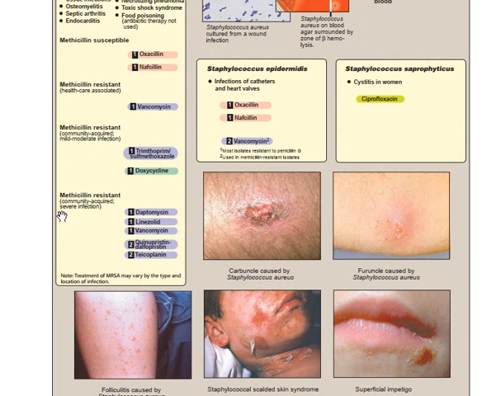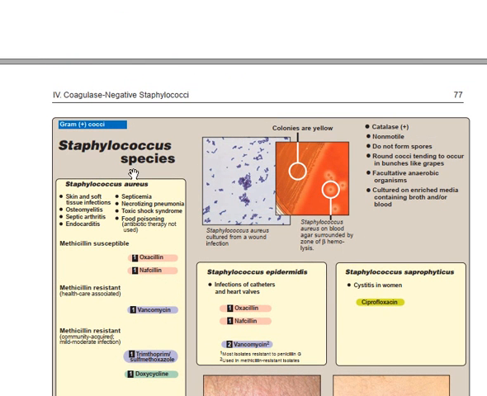But if it is community acquired and severe, with methicillin resistant, you give daptomycin, or linezolid, or vancomycin, or teicoplanin. Teicoplanin is an example of other penicillins. Or you give quinupristin-dalfopristin. Is it clear? So these are the different treatments that you use here.